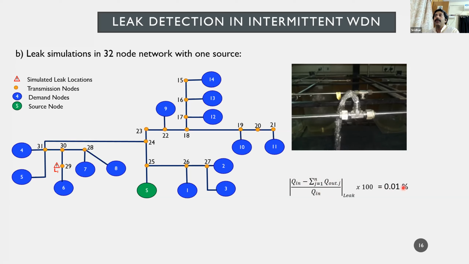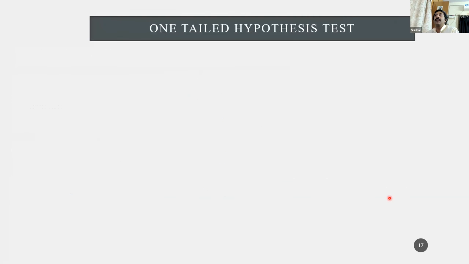Therefore, pure volume balance was not enough; you need to have a rigorous statistical test to come up with a decision to determine the leak.